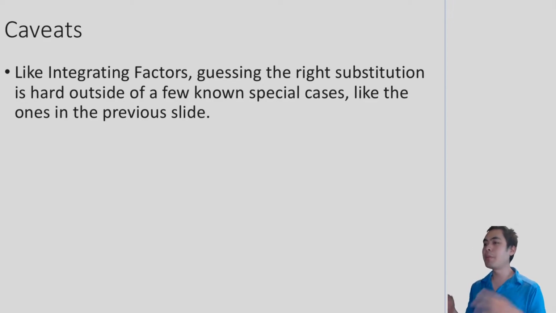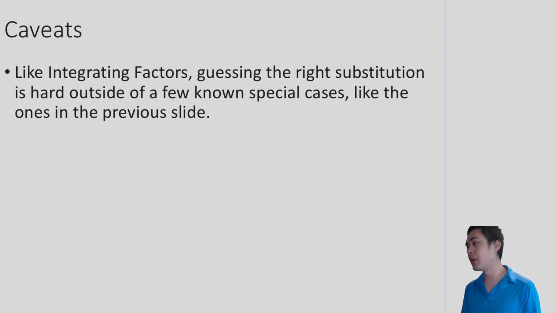So there might be some cases where I give you a problem and I tell you what the substitution is. In other cases, I might give you a problem and then give you the information on the previous slide, and I expect you to recognize that it's one of the particular forms, which then gives you the substitutions. And sometimes, like on the quiz, I might even just ask you to guess an appropriate series of substitutions to convert the ODE to a different form, like a separable one or an exact differential.